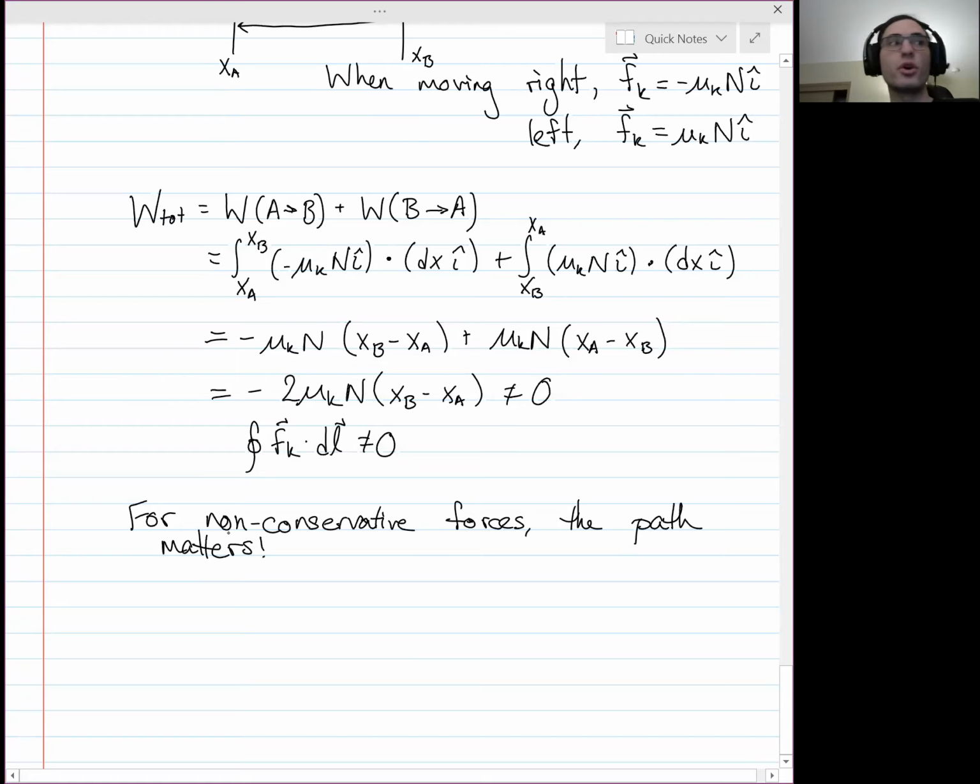And that's an important point. You can't just worry about the initial and final position whenever you have any sort of non-conservative force. Non-conservative forces are, I don't want to say relatively common, but all frictions and drags are non-conservative. And so they will show up in that form pretty regularly.